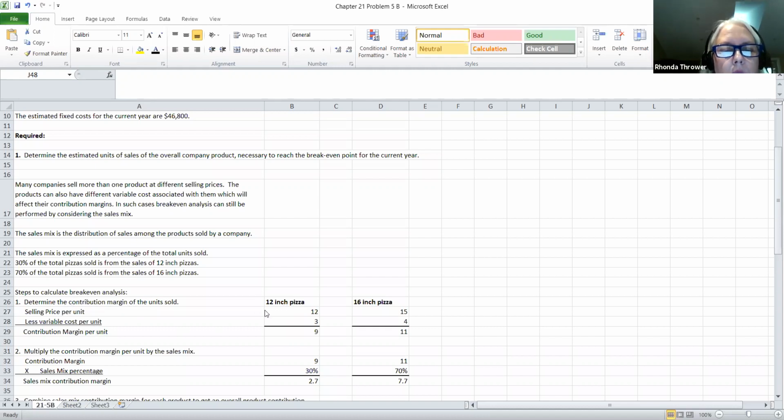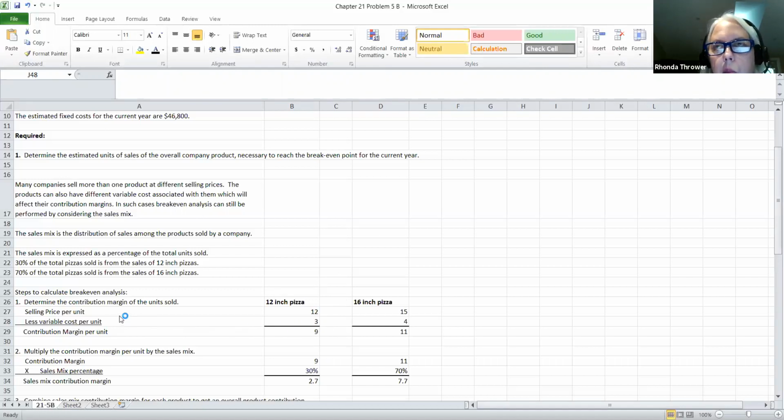And so in this case, we're selling 12-inch pizzas, that's one of our products, and 16-inch pizzas. And both of those have different selling prices. The selling prices were given in the information above, and they also gave you the variable cost associated with each one of the products. Those two were given above. So what you have to do is find the contribution margin per unit.